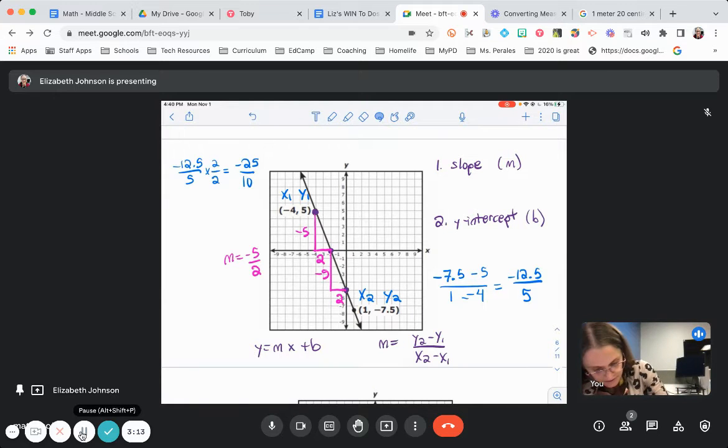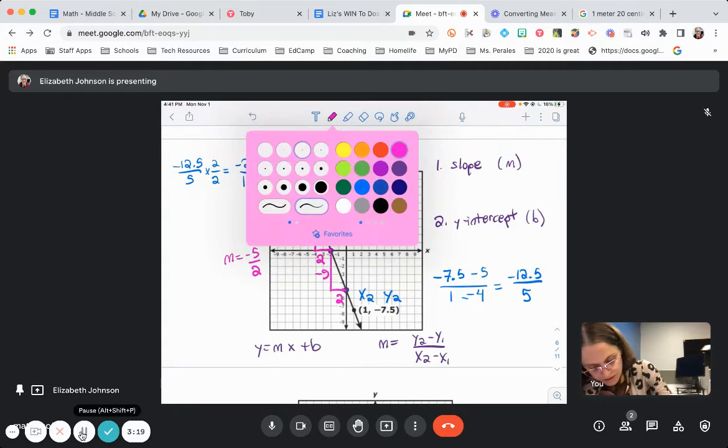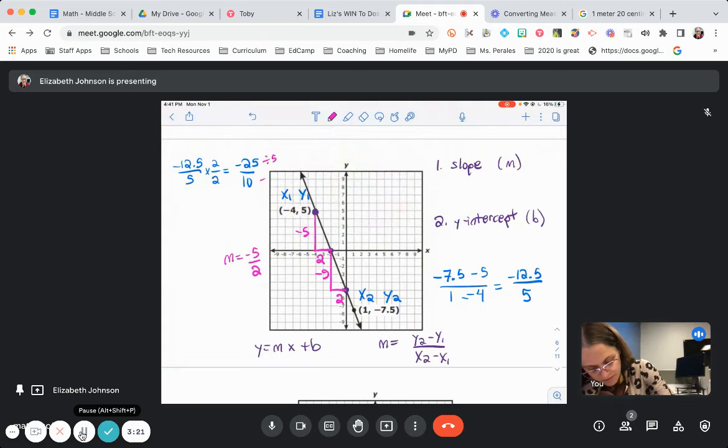Still not exactly the same, but let me take a look and see some common factors that I have in my numerator and my denominator. I notice they're both divisible by 5. Let's see, -25 divided by 5 is -5. And 10 divided by 5 is 2. So they are the same, and your calculator would have told you that too.